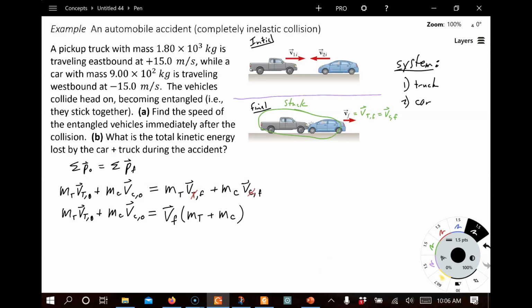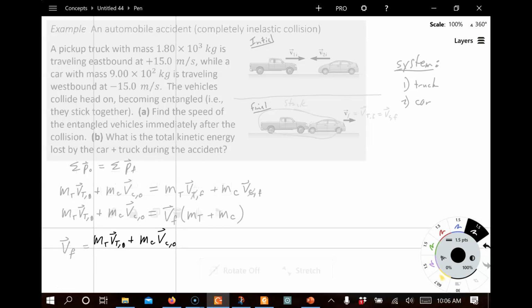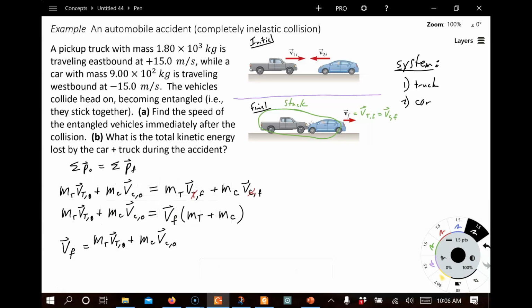Now, if I want to solve for V final, all I have to do is divide by the mass of the truck plus the mass of the car. So V final, in this case, is going to be equal to this whole thing divided by this whole thing.